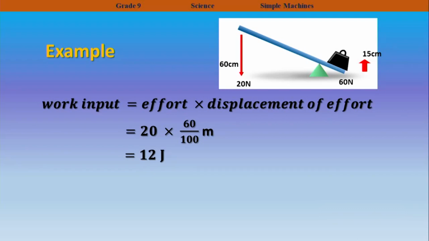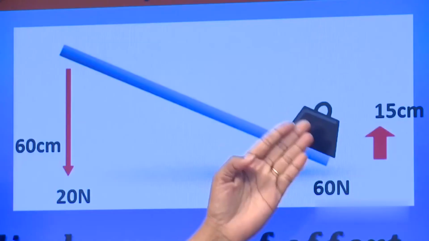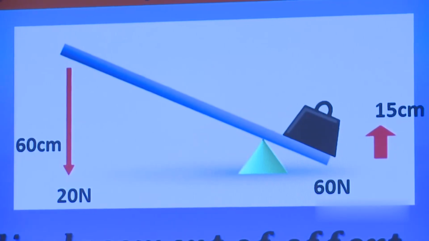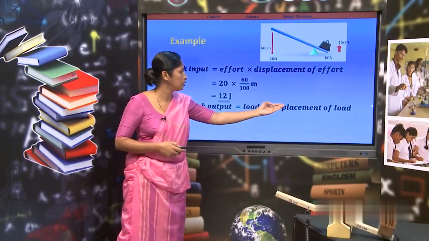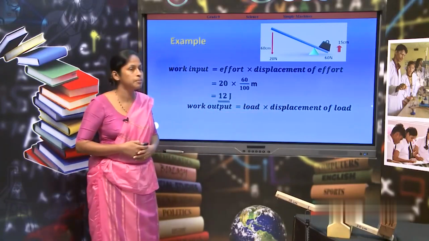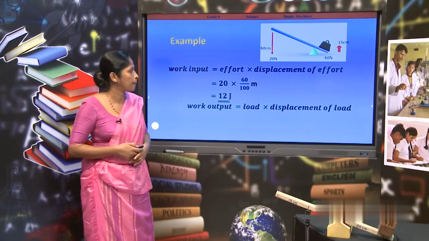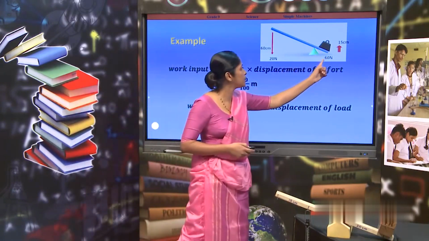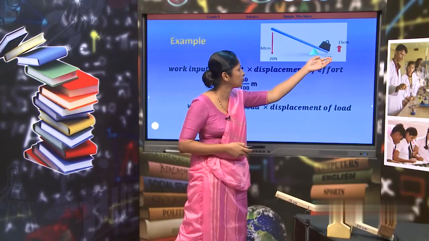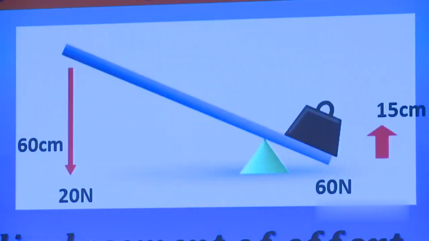Same way, let us calculate work output. Work output is the load multiplied by the displacement of the load. Here the load is 60 Newton and it is moved up a 15 centimeter distance.